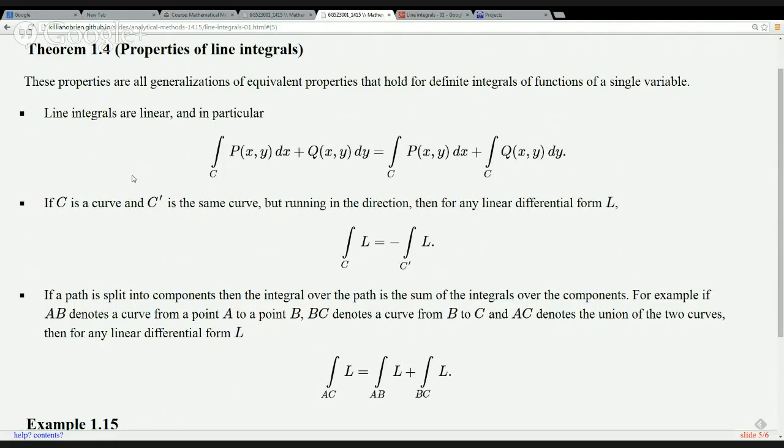Integrating along C prime will give you the negative of whatever you get by integrating along C.